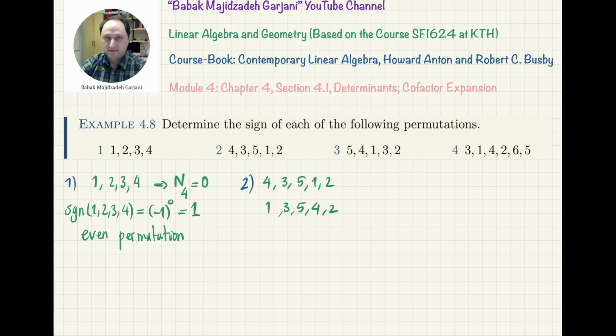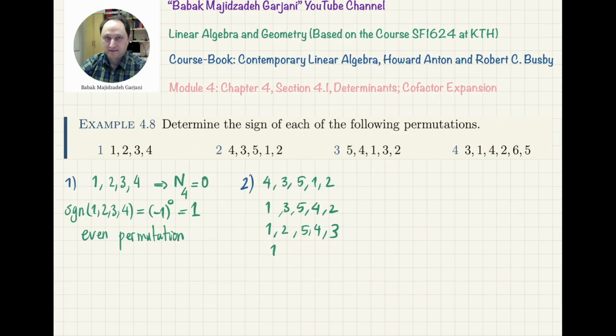Okay? So now 1 and 4 are already in the natural position. So then what should I do? I can interchange these two, for example. Then it becomes 1, 2, and then 5, 4 should be in the same place, and then I will have 3. But it's not in natural order. The last one will work. If I interchange these two, then what do I get?